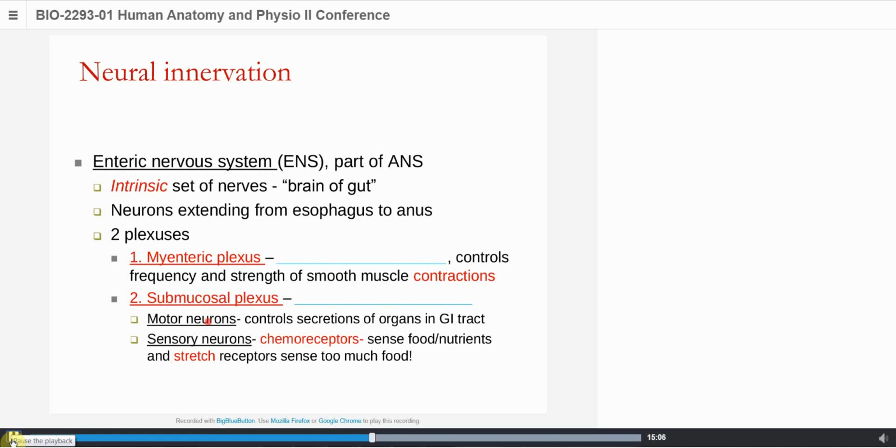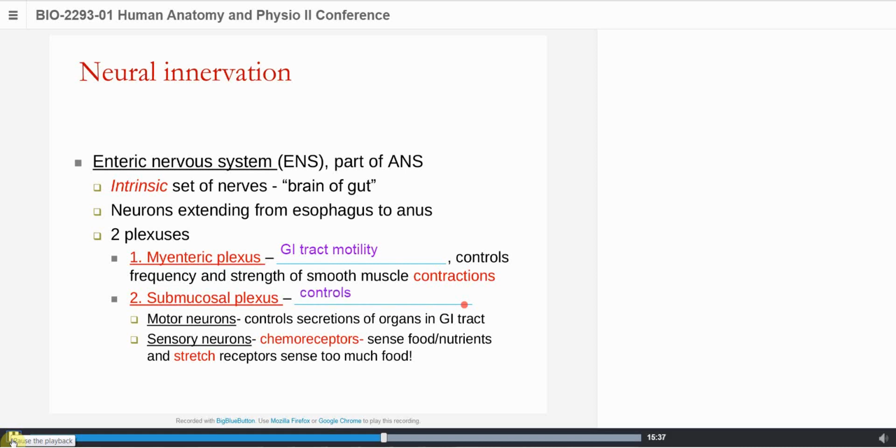I already told you that there are two plexuses, myenteric and submucosal. The myenteric plexus controls what? GI tract motility, which is basically determining which smooth muscle fibers of which layers are contracting, how hard, and when. Then you have the submucosal plexus.